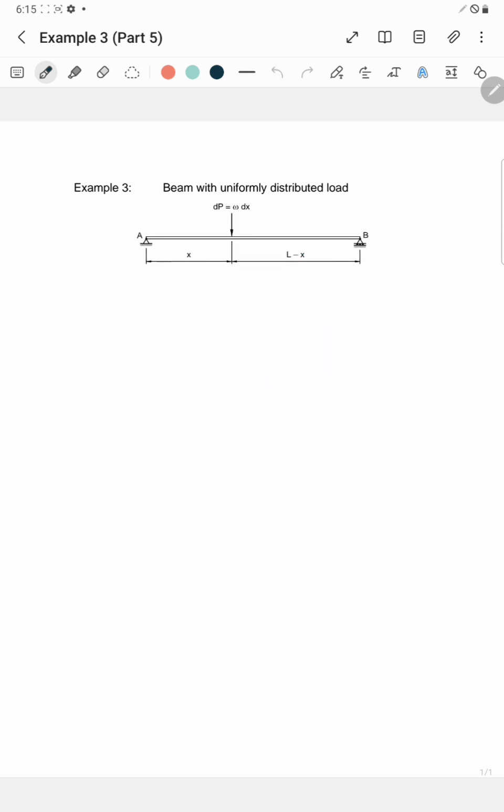Since ang load natin ay naging concentrated load na, applicable na yung formula for concentrated load. So, for 6A over L, the formula is PA over L, L square minus A square. Okay. So, the load P is W dx. The distance A is x. Then, over L. Then, L square minus A square. Then, since involved ang differential dx, then we integrate.